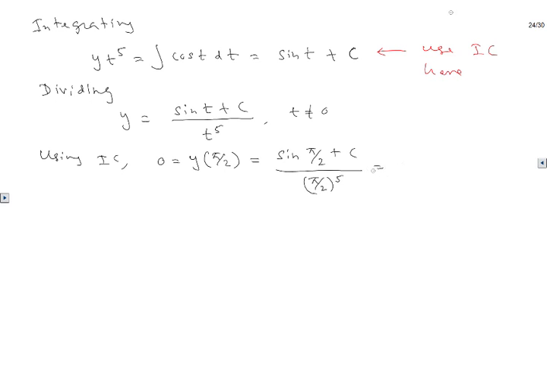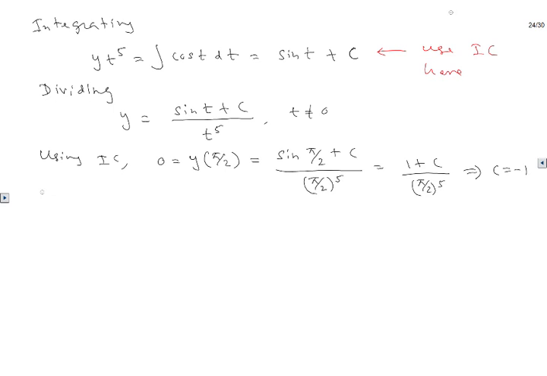But this is equal to 0. So the top is 1 plus c, over pi over 2 to the 5th power, which is equal to 0. That means c has to be negative 1. Once you put c equal to negative 1, you get the solution.